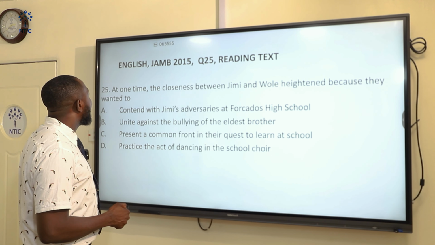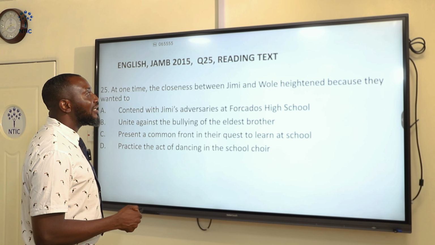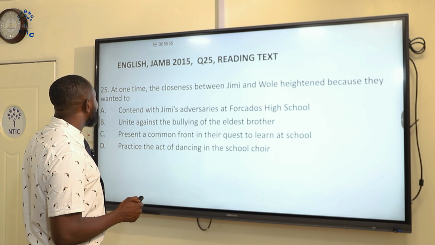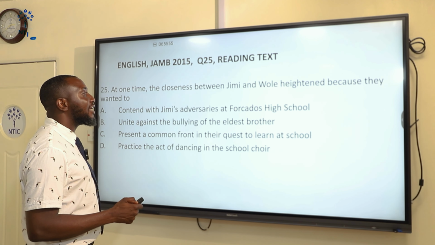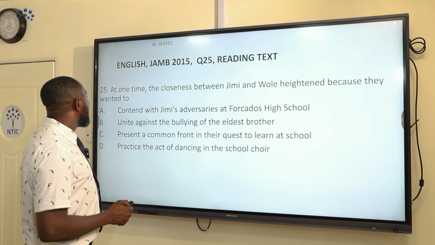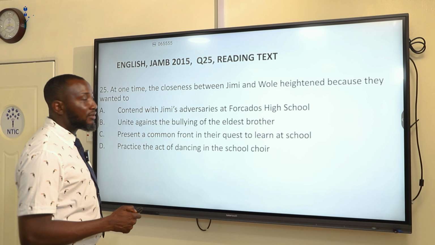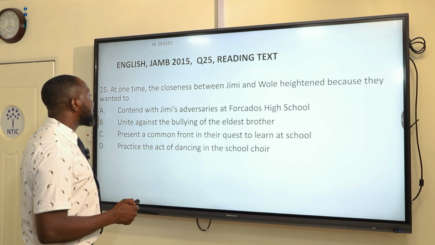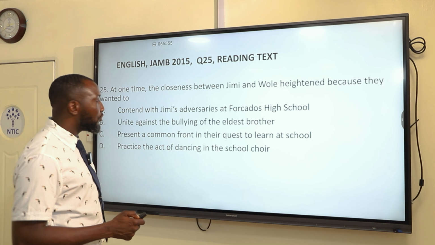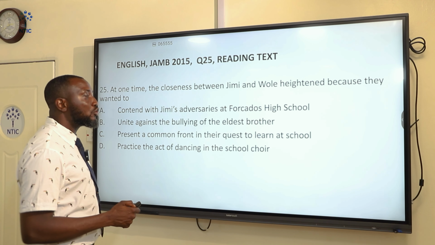Number 25. At one time, the closeness between Jimmy and Wole heightened because they wanted to: A, contend with Jimmy's adversaries at Focado High School; B, unite against the bullying of the eldest brother; C, present a common front in their quest to learn at school; D, practice the act of dancing in the school choir.